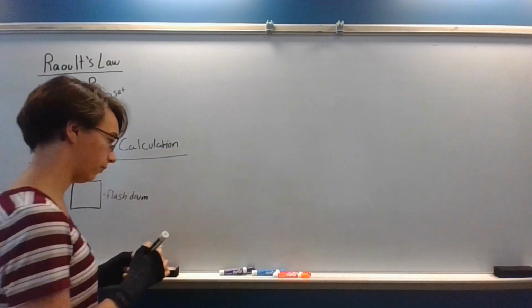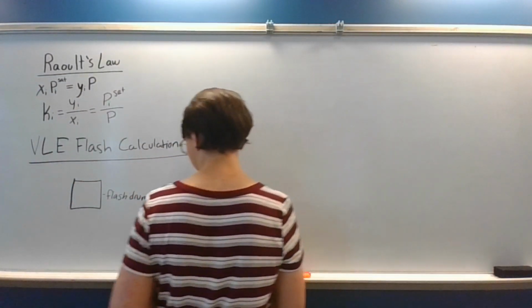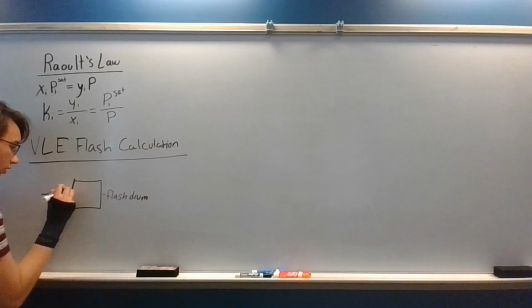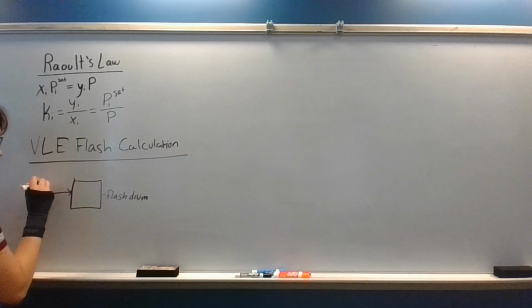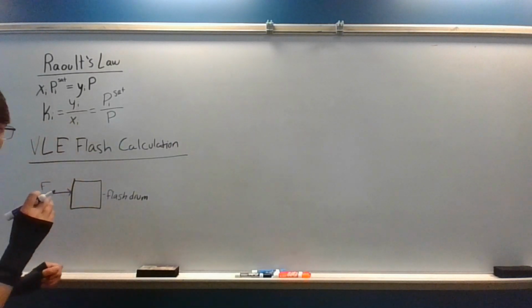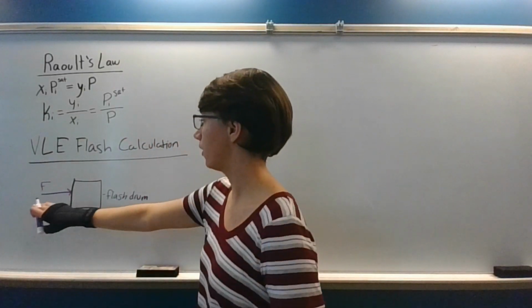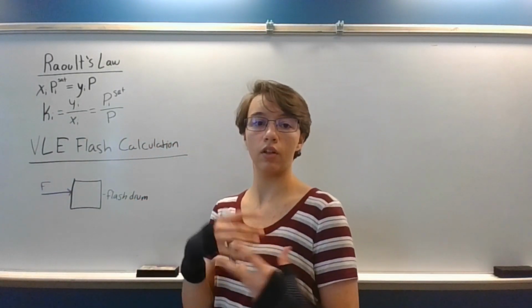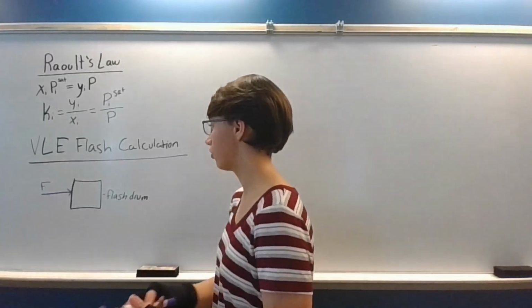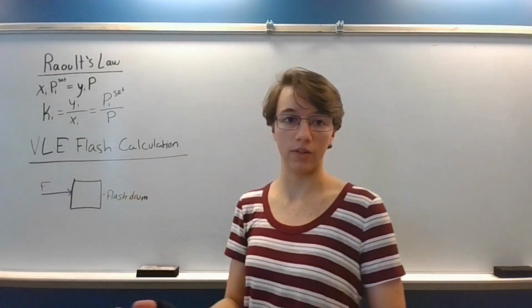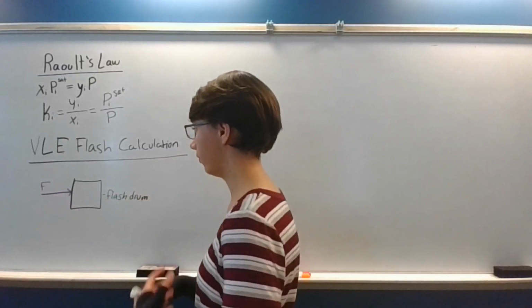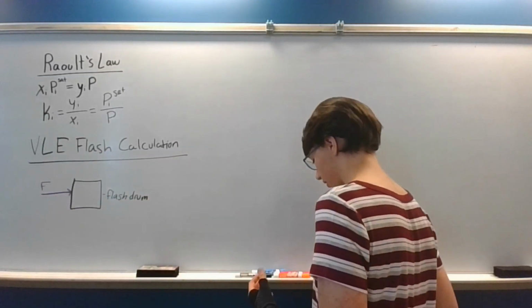And in this container, we are going to have some sort of feed coming in, and we can label that feed with an F. So this F is going to be the amounts of moles of our mixture coming in. And so this will be known because we're the ones putting it in, so we know what we're putting in.